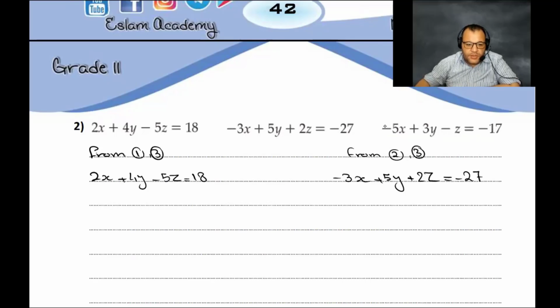For the first one, I will multiply equation 3 by negative 5, and for the second one, I will multiply it by 2.